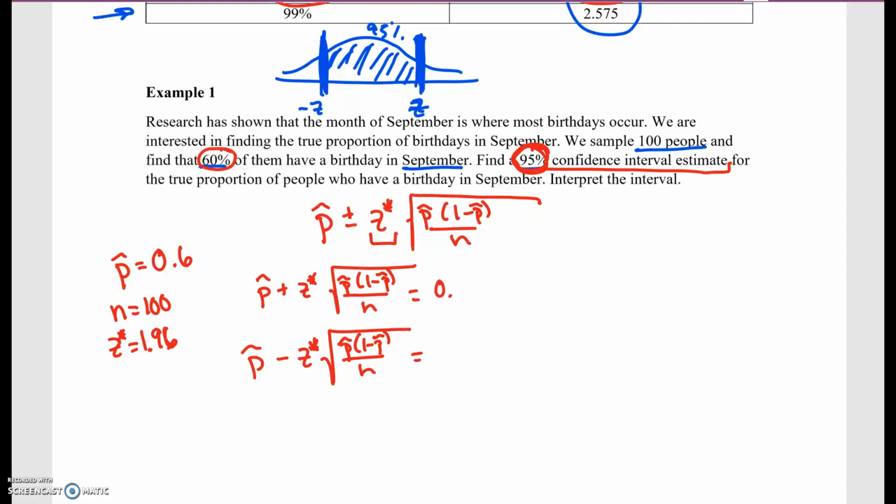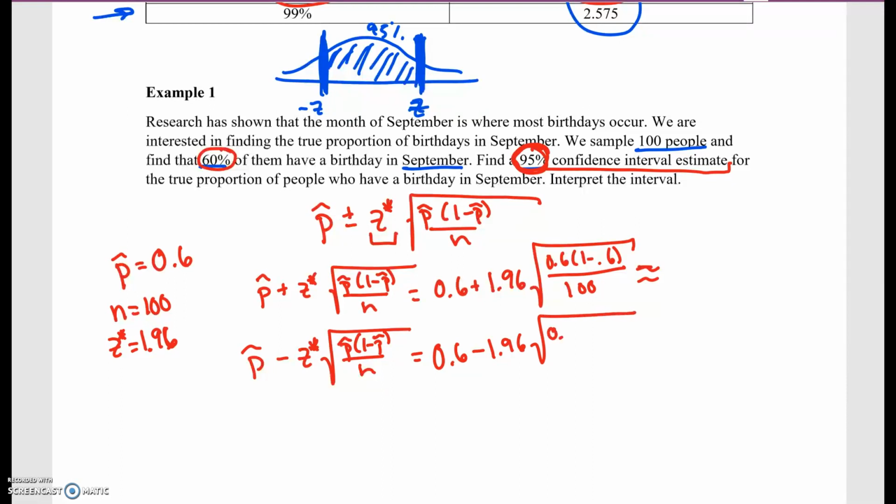So I'm going to have 0.6 plus z star, which is 1.96, square root of 0.6 (1 minus 0.6), divided by n, which is 100. And I'm going to do exactly the same thing with the other one. This is going to be 0.6, everything is the same except this is minus 1.96 square root of 0.6 (1 minus 0.6) divided by 100.